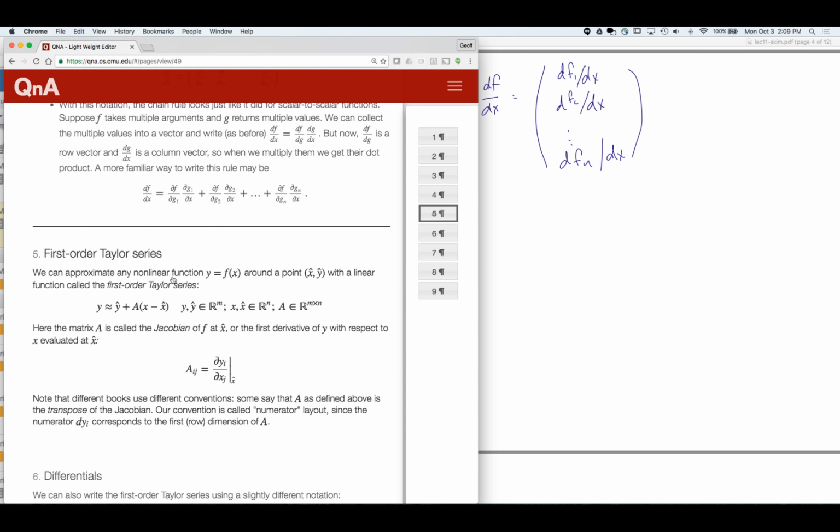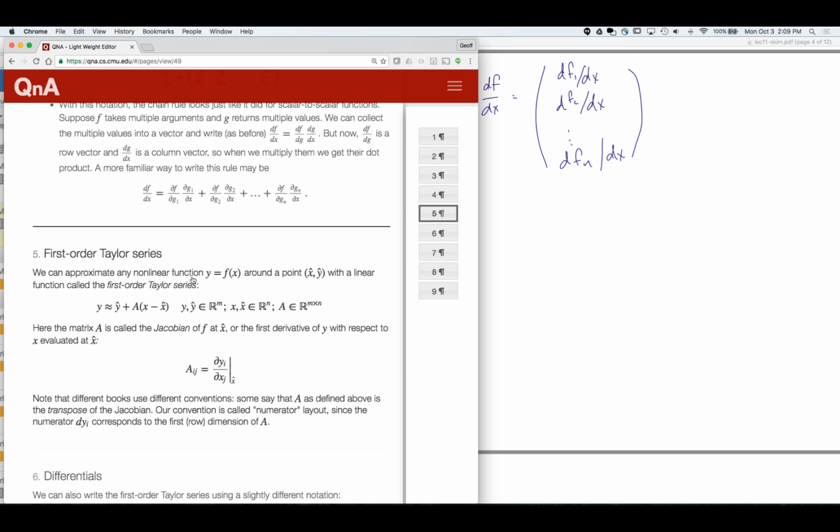One of the main uses for a derivative is to write a Taylor series. A Taylor series is a linear function that approximates some arbitrary nonlinear function in the neighborhood of a point. So here's our nonlinear function, y equals f of x. We'll have a point, x hat and y hat, where y hat is f of x hat.